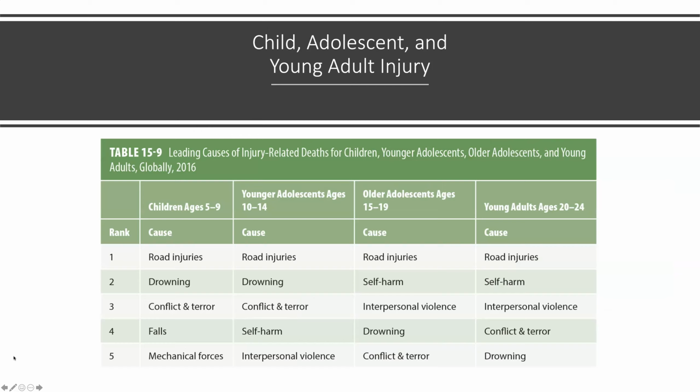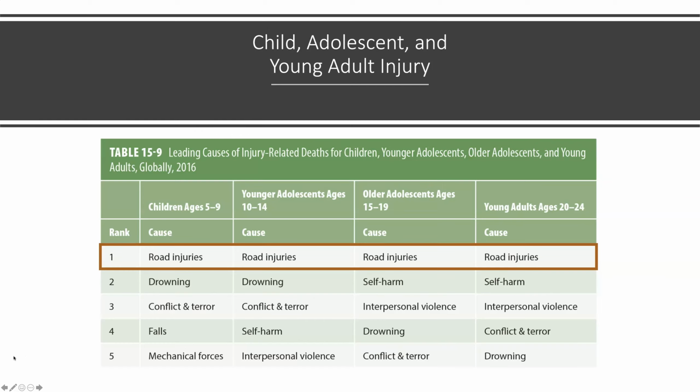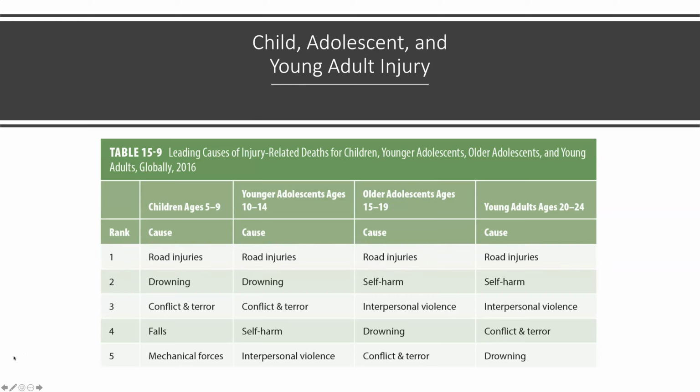And if we look globally at age groups, if we break them down, again, road injuries are the highest. So road injuries are the leading cause of injury death among children, adolescents, and young adults. Then drowning is coming up second in the children age 5 to 9 and 10 to 14. As we get a little higher, you have interpersonal violence in the teenage years, and risk of suicide.